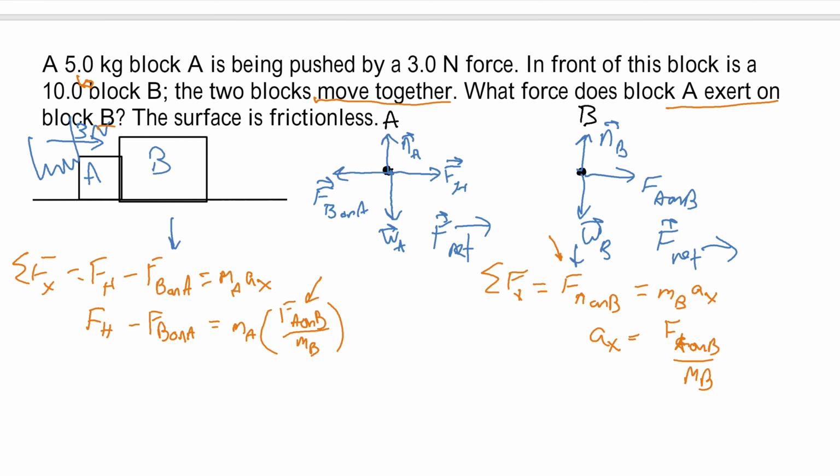The next thing I have to remember is that FA on B is basically the same as FB on A. Let's start working on getting FA on B by itself.